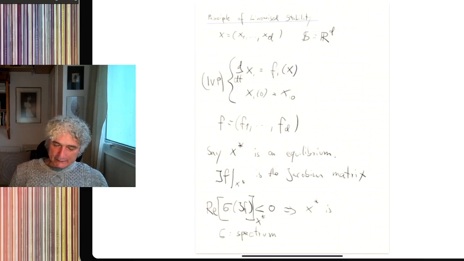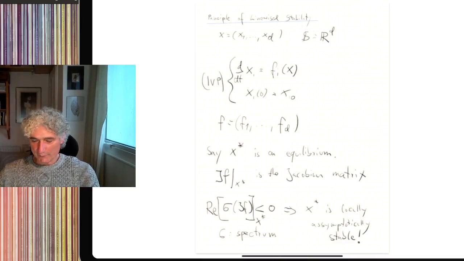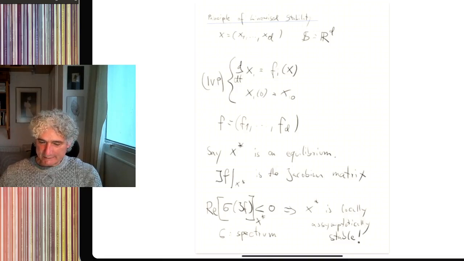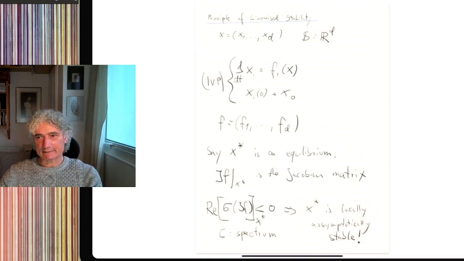then x star is so-called locally asymptotically stable. In other words, you can know from the linearization of the system, which gives you the Jacobian matrix, and from its spectrum, you can conclude that a certain equilibrium in this system is locally asymptotically stable.